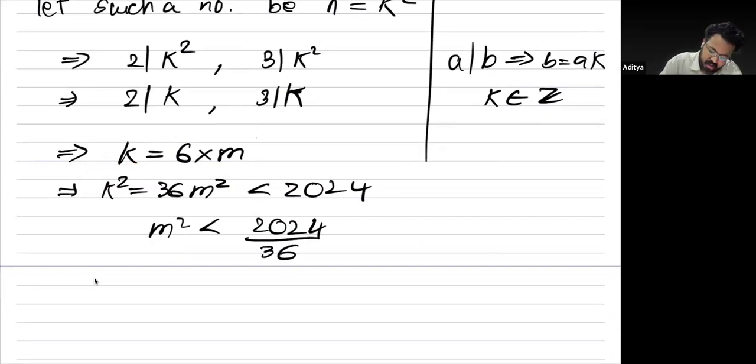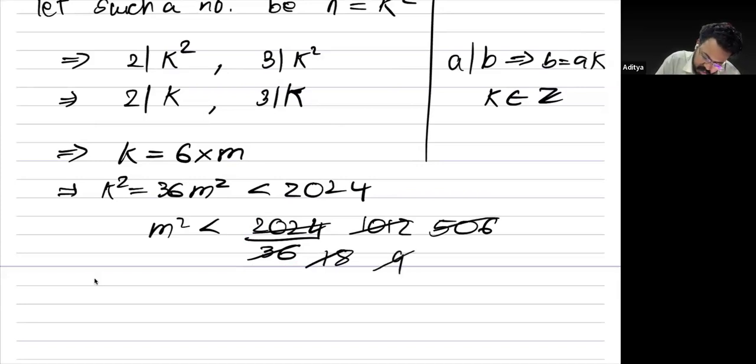And this is not an exact integer that you need to figure out. 2024 divided by 36, if you do it, you will find it is 1012 over 18, 506 over 9, and once you divide it again, you get 55 approximately.